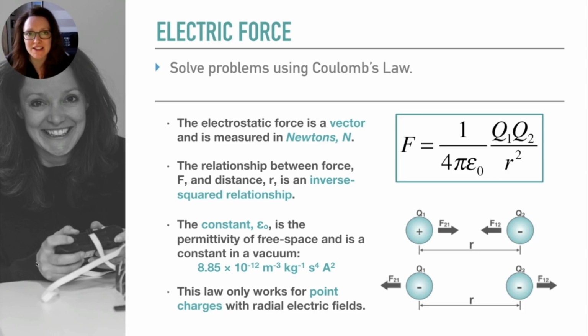If you wanted to write that down, you could say F is proportional to 1 over r squared. The constant, epsilon naught, is the permittivity of free space and is a constant in a vacuum. I'll tell you a little bit more about the permittivity of free space in a second, if you'll bear with me. There are a few slides about that.